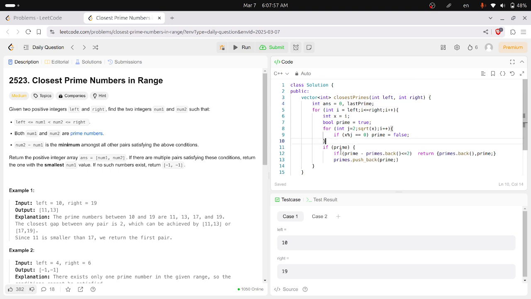So if I find a prime number, then I check, let's initialize it with -1. If last prime is equals to -1, then I'll simply put the prime number that I just found in this variable.